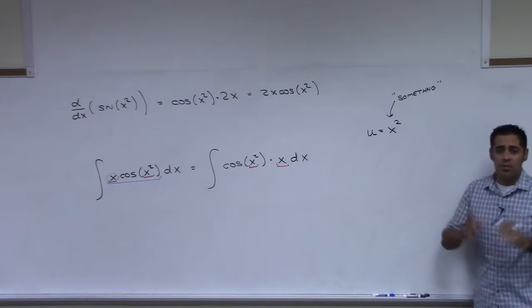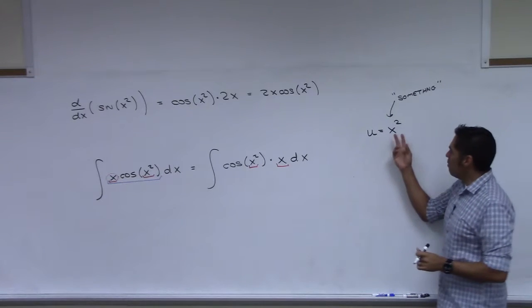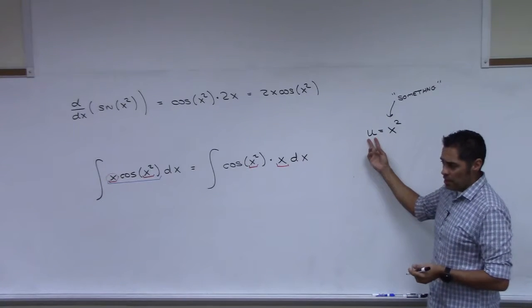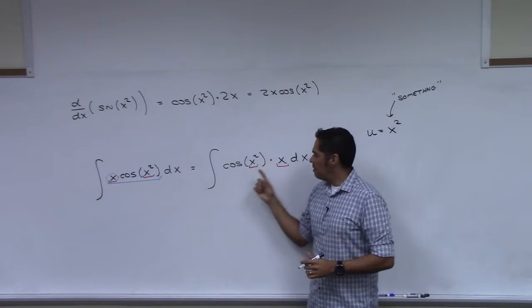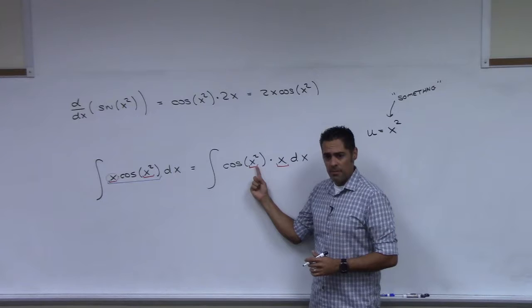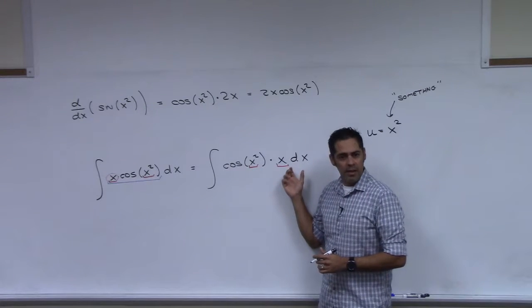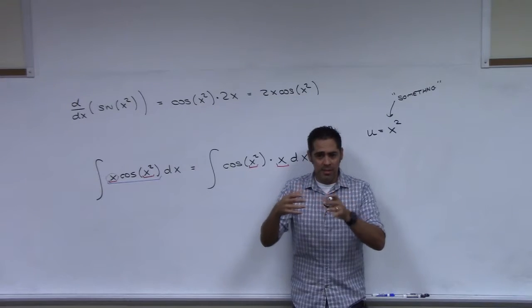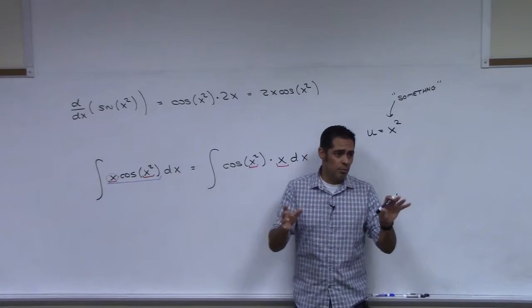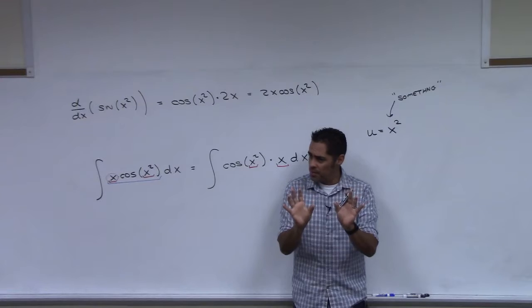So I'm making a substitution. Anywhere I see x squared, I'm going to replace it with u, right? That means if we rewrite this right now, this is going to become cosine u, isn't it? But then I'm going to have x dx over here, and the idea is to not have x's and u's mixed together. It's either going to be all x's or all u's, one or the other. Can't be both variables at the same time.